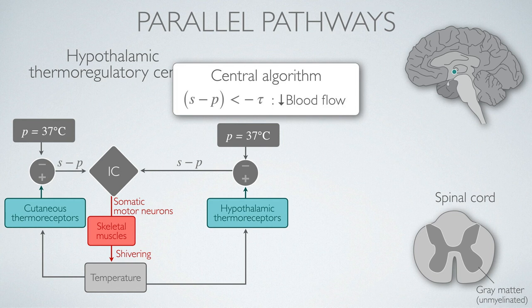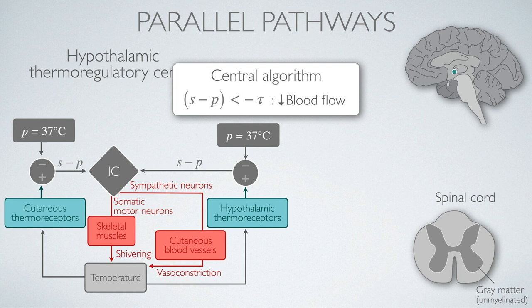And it's a particular region of the body where we're going to reduce blood flow. And that region is in the skin, okay? If the skin is being exposed to a low temperature, it's better to keep the blood in the interior of the body than to be exchanging thermally with the environment.